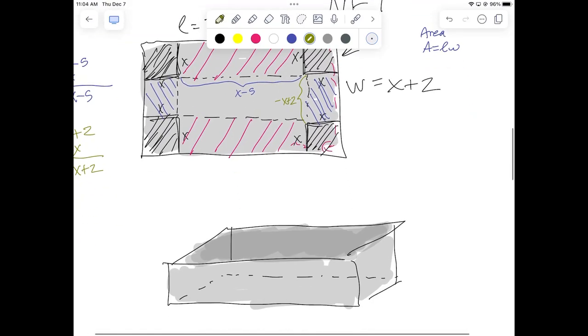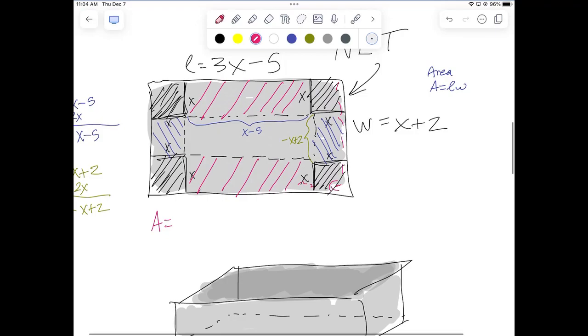Okay, let's do the red one first. The area should be, and I'll color code it, first of all, there's 2 of them, so I can just double it, right? And what are the dimensions of the red rectangles? It's x times x minus 5. Yes? x times x minus 5, and there's 2 of them. Let's do the blue ones next. Plus, there's 2 of these guys. And what are their dimensions? x by negative x plus 2.